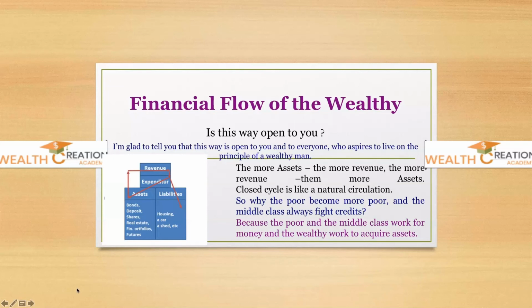That's why people say that the poor keep getting poorer, because if you lose everything, you can't even afford to eat. The last thing you need to think about is investing. All right, and the middle class always fight with credit, and then they go back to the poor, and the rich keep getting richer and richer.